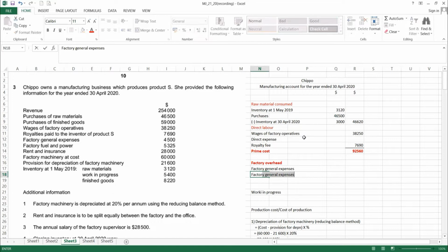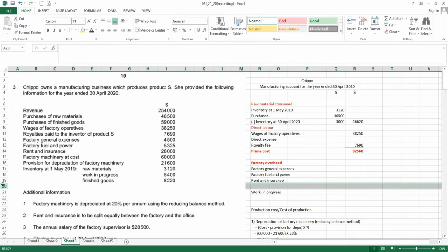Next is factory fuels and power. Okay. And then rent and insurance. Okay. Any more? Let's see. Still got to check.